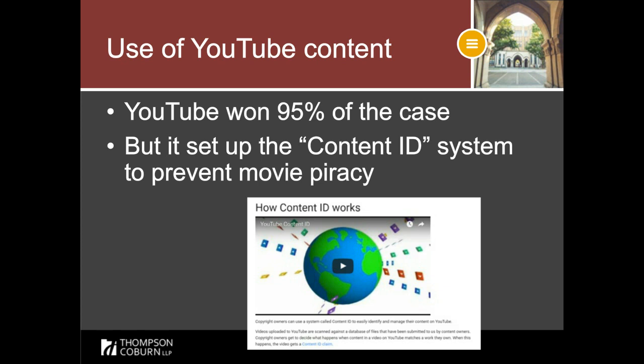What it does is every major studio, before they release a film, sends it to Google. Google analyzes the film digitally and puts all that analysis into its database. Then, when someone infringes that film by posting it onto YouTube, Google picks it up, knows it because of its digital screening.